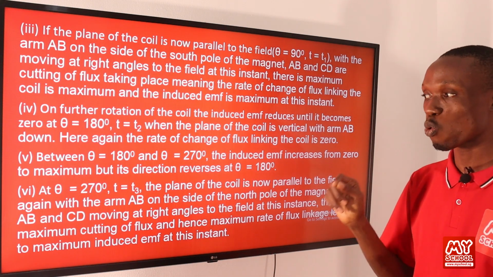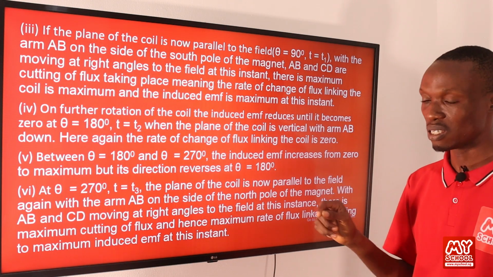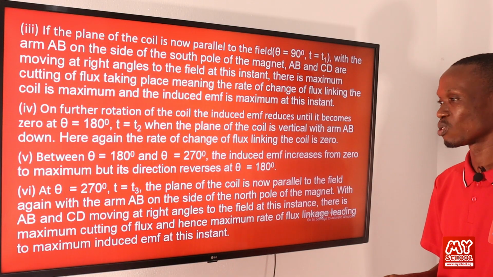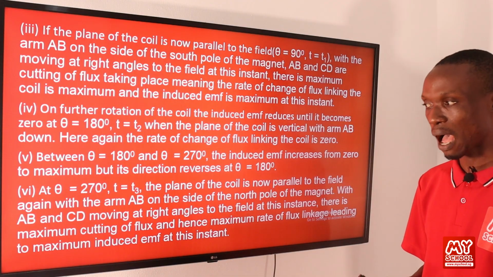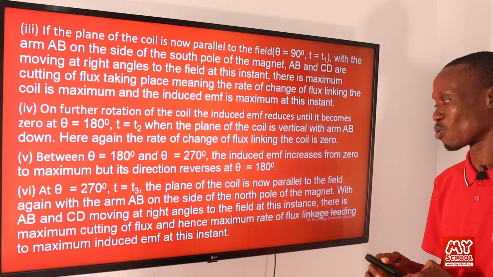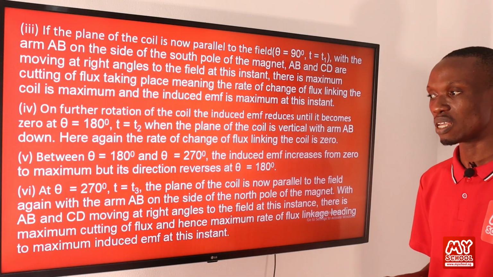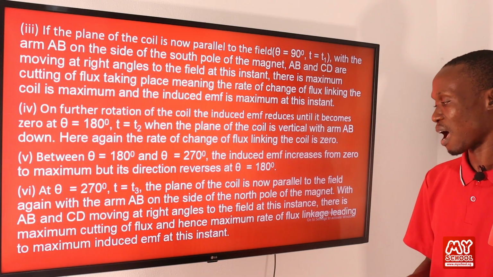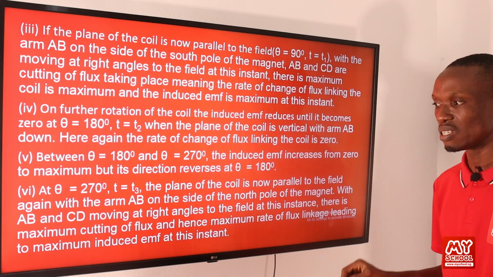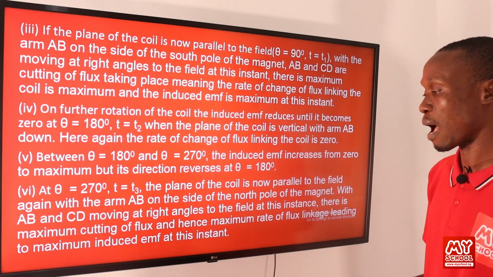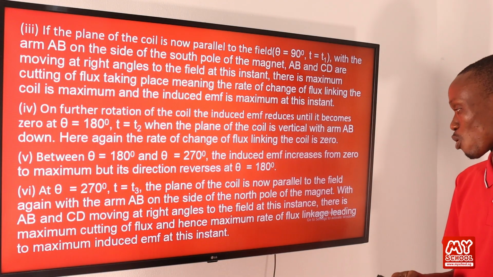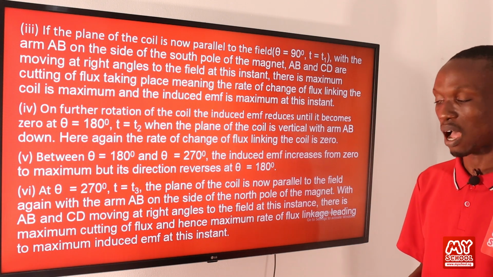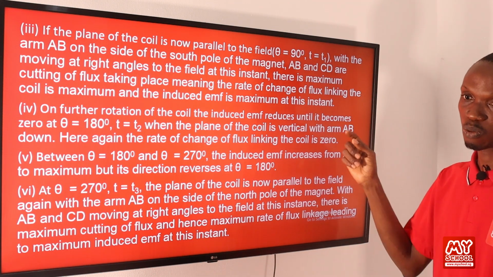At theta equals 270 degrees and t equals t3, the plane of the coil is now parallel to the field again with the arm AB on the side of the north pole of the magnet. With AB and CD moving at right angles to the field at this instance, there is maximum cutting of flux and hence maximum rate of flux linkage leading to maximum induced EMF at this instance. So let's move to the next slide.